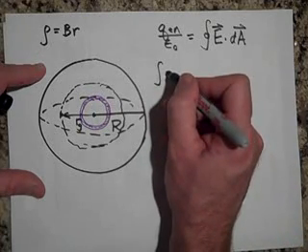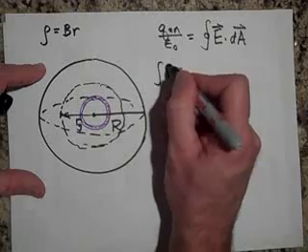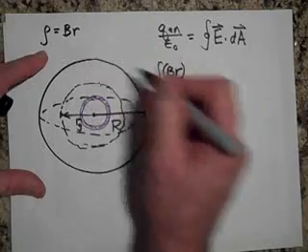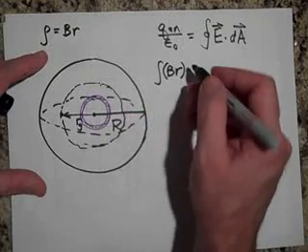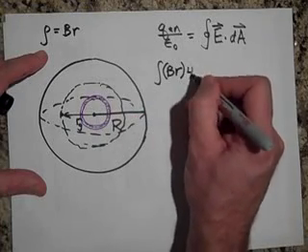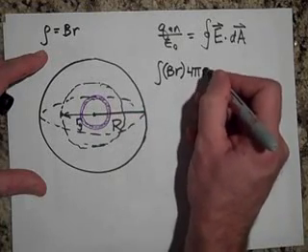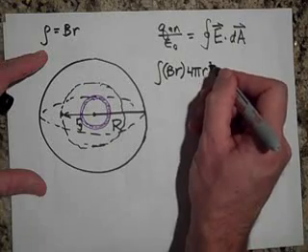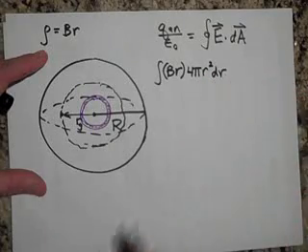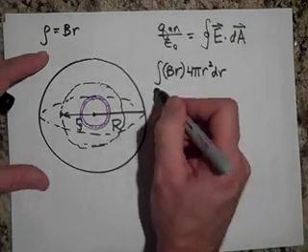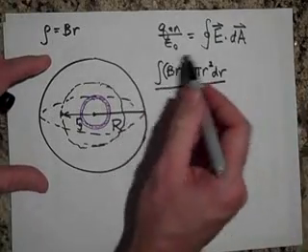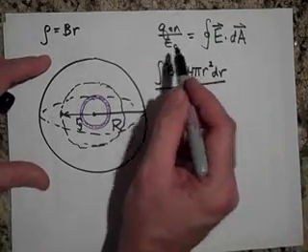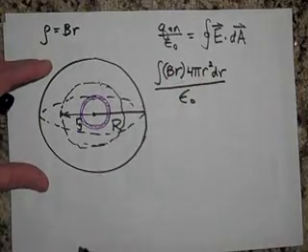So it's going to be rho times dV. Now dV is the volume of that shell. So the volume of the shell is going to be 4 pi r squared dr, and I put that all over epsilon naught. So this whole mess right here is getting me the charge enclosed by the Gaussian sphere.